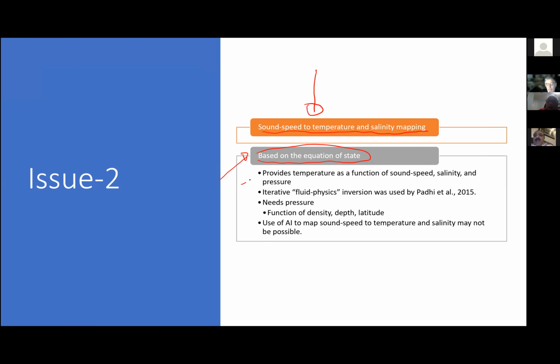It is known as the UNESCO algorithm. It provides temperature as a function of sound speed, salinity, and pressure. So that's exactly what you do. It's a direct forward problem: temperature as a function of sound speed and pressure.